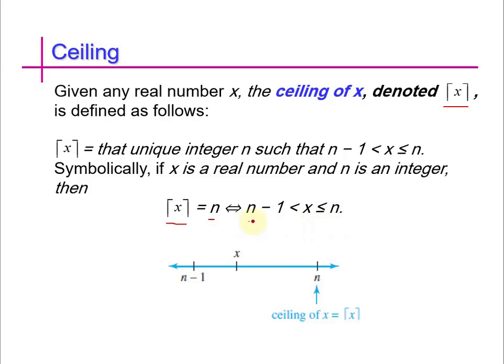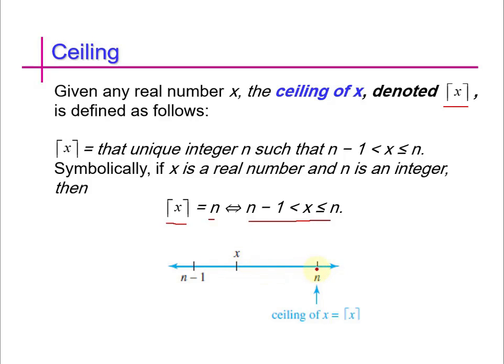And to understand this inequality, we see on the real line that x lies between two integers, and we are choosing that integer which is the smallest integer greater than x. We seek that integer which is immediately coming after x.